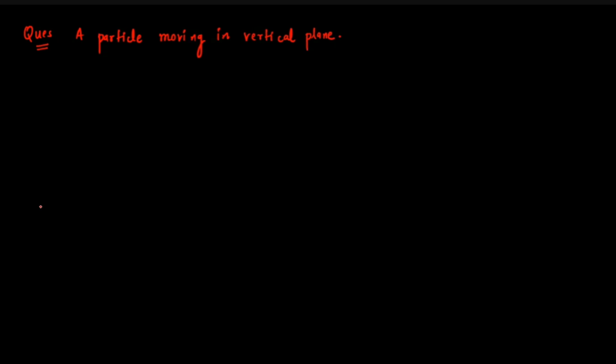So you can assume that there's a ball and I throw the ball vertically upward with 40 meters per second. After a few seconds, I observed the particle's velocity becomes zero. And I would say that it took around 4 seconds to do so. So the question is, find the acceleration in this vertical plane.